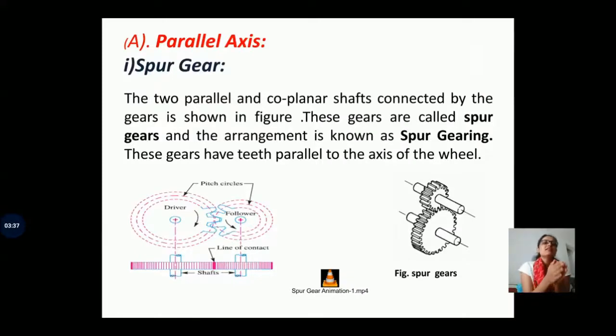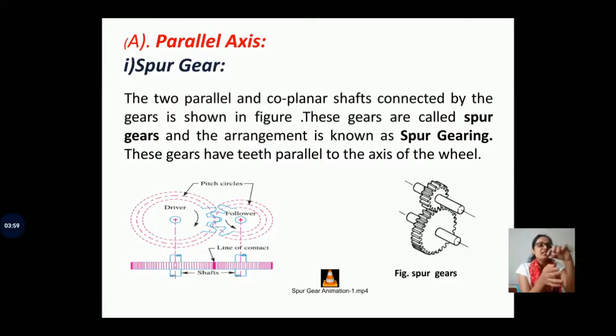First is spur gear. In parallel axis we have the first type, spur gear. Now spur gear, as you can see in this figure, is when two shafts are parallel to each other and coplanar, connected by the gear. That gear is nothing but the spur gear. The arrangement of shafts is parallel to each other.